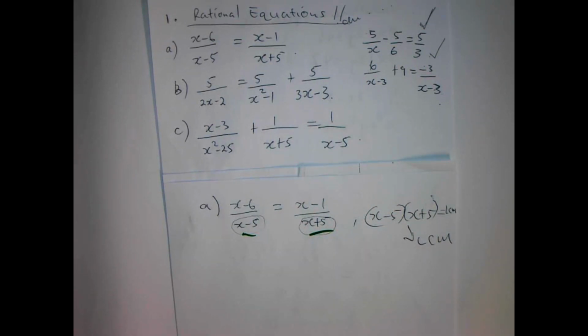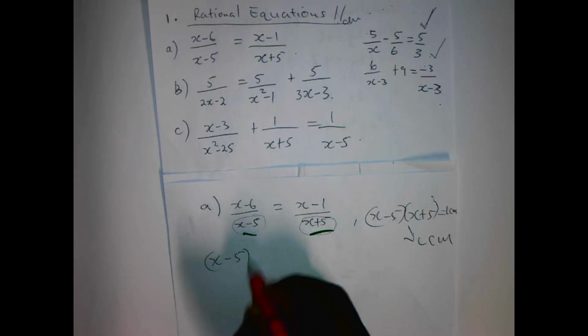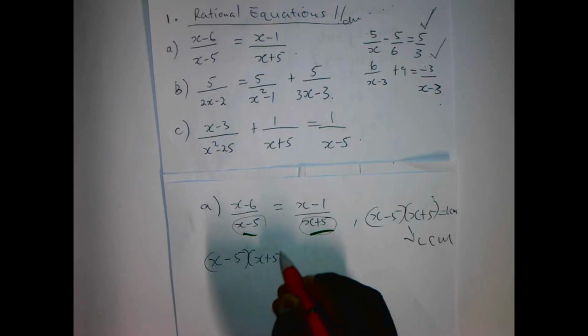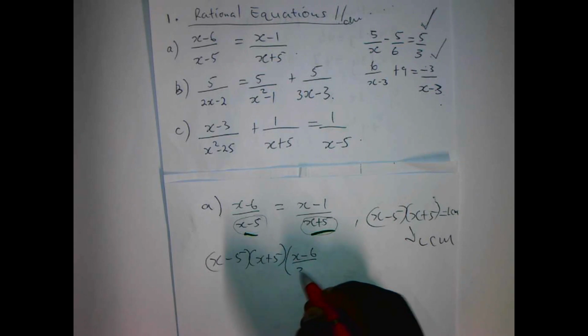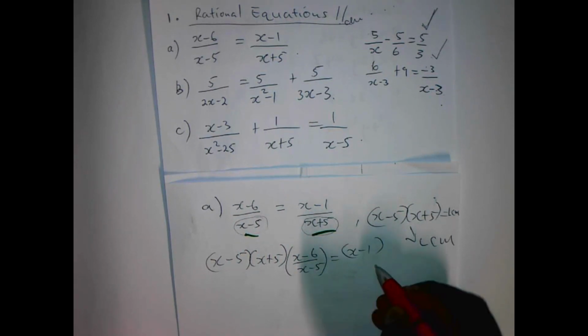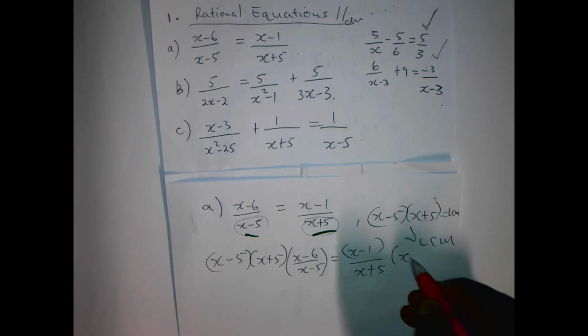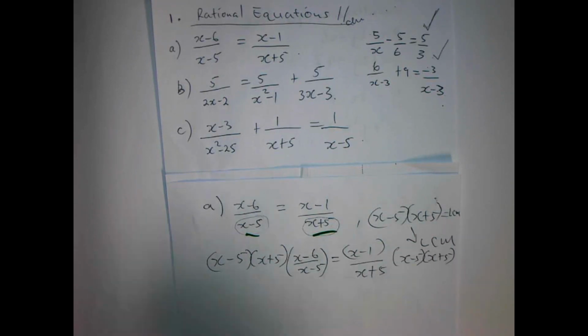So if that is our LCM, we multiply by that throughout. So we'll have x minus 5, x plus 5, multiplied by x minus 6 over x minus 5 is equal to x minus 1 over x plus 5 multiplied by x minus 5 multiplied by x plus 5. You see what we are doing?